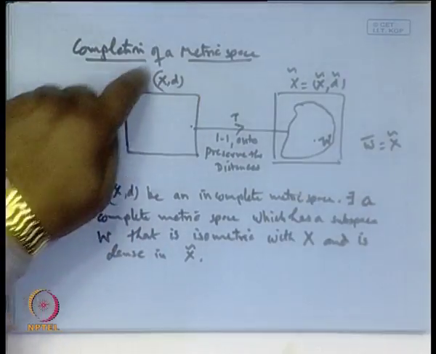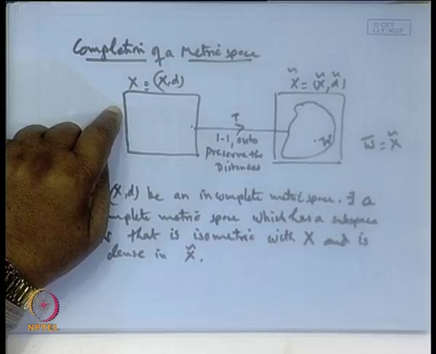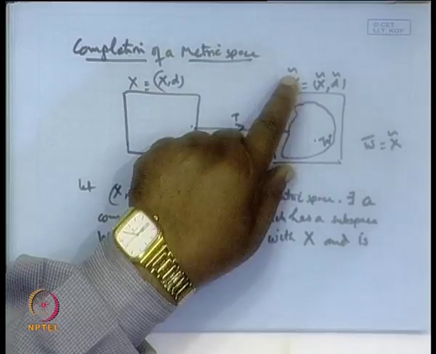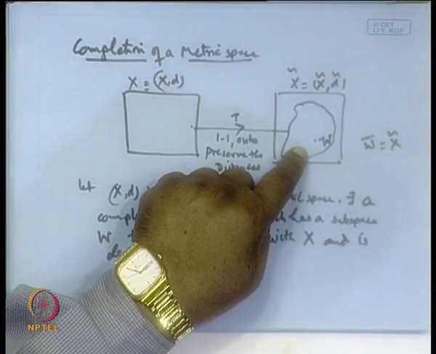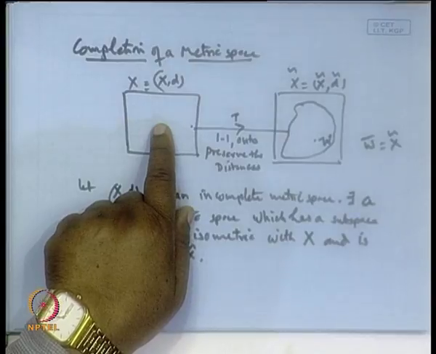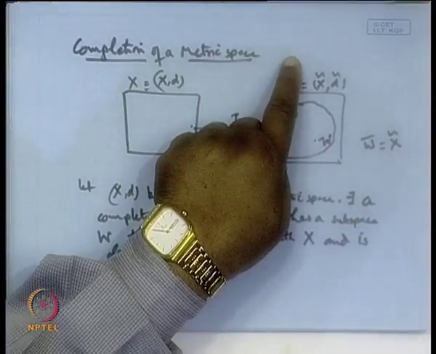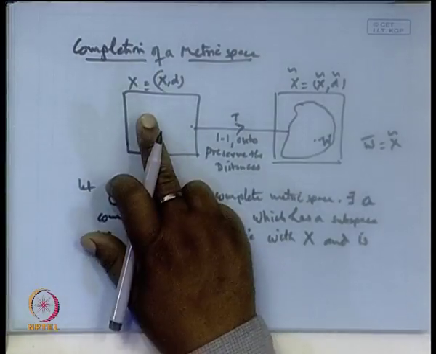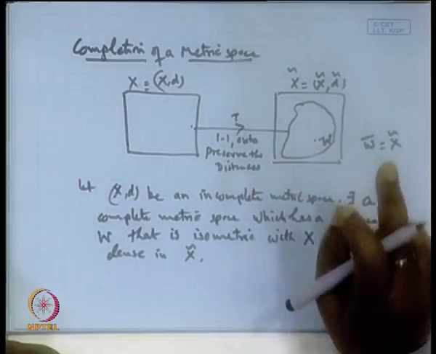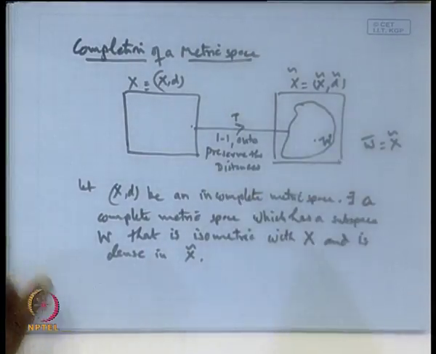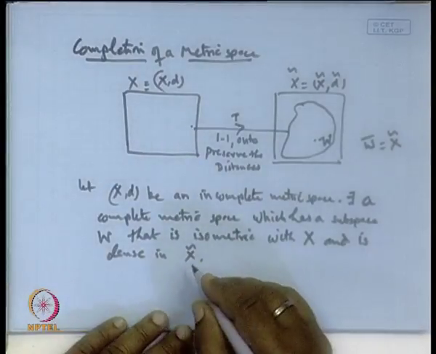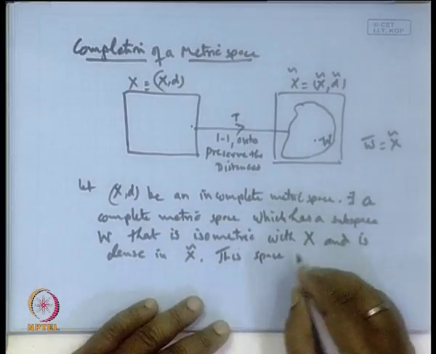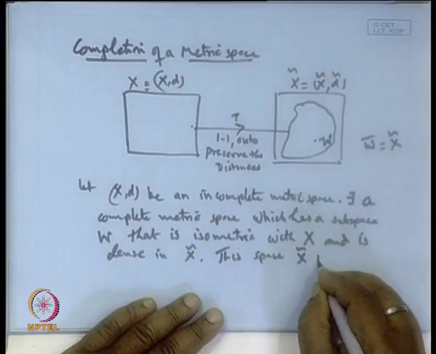For example, if I replace X by Q, the set of rational numbers, then corresponding to that Q, we can always get a complete metric space R, which has a subspace W, that is Q, isometric with X, that is Q itself, and closure of Q is R. Okay. Now, this is unique. Corresponding to each X, we get one and only one X hat except for isometry. This space X hat which you are getting is unique.